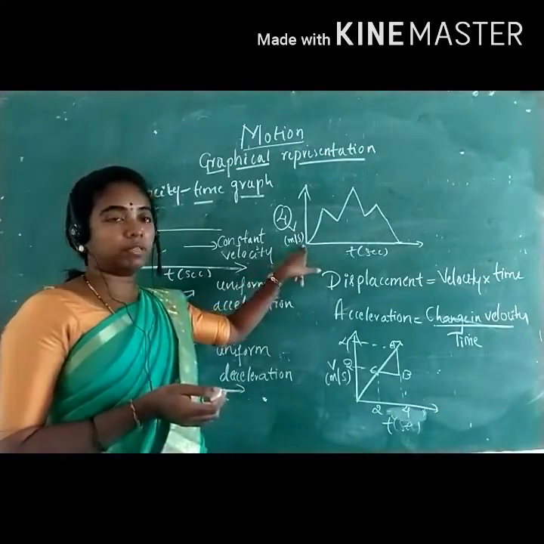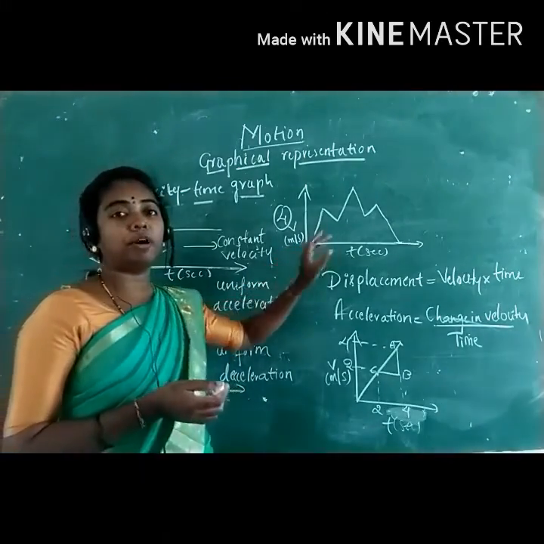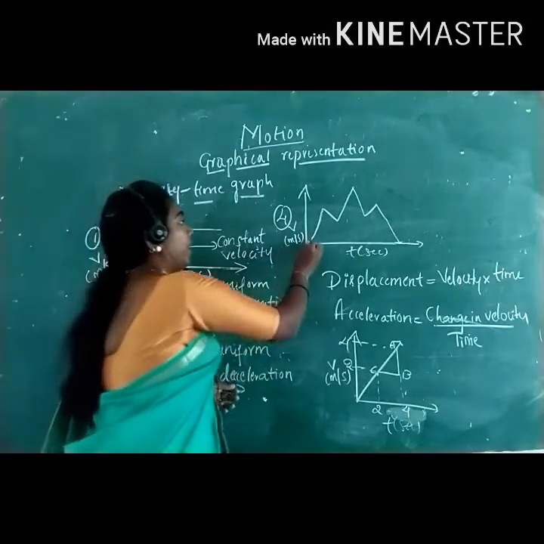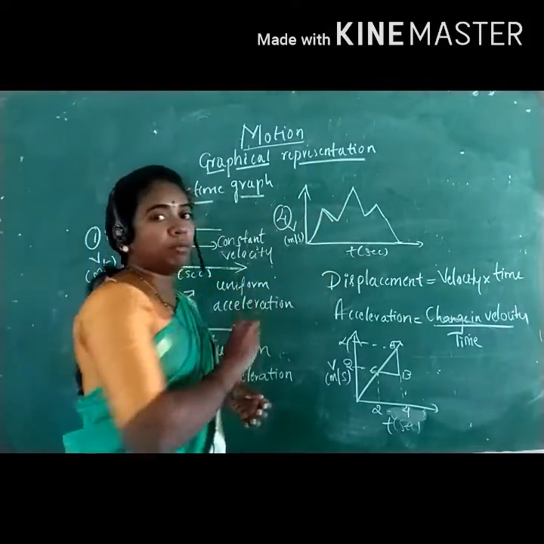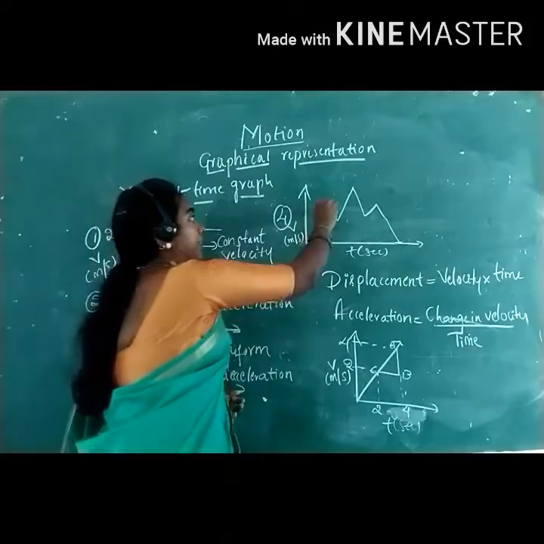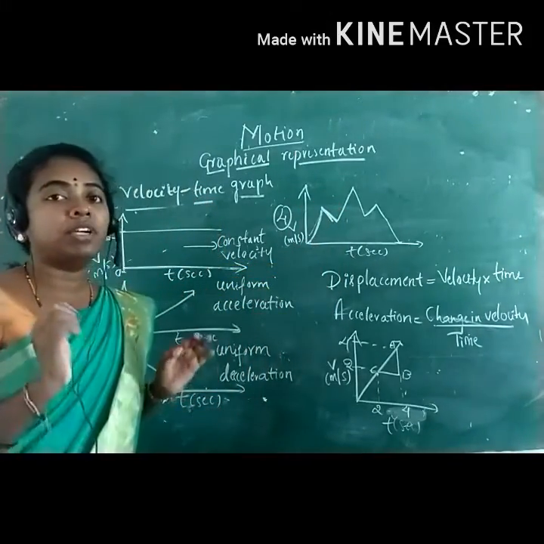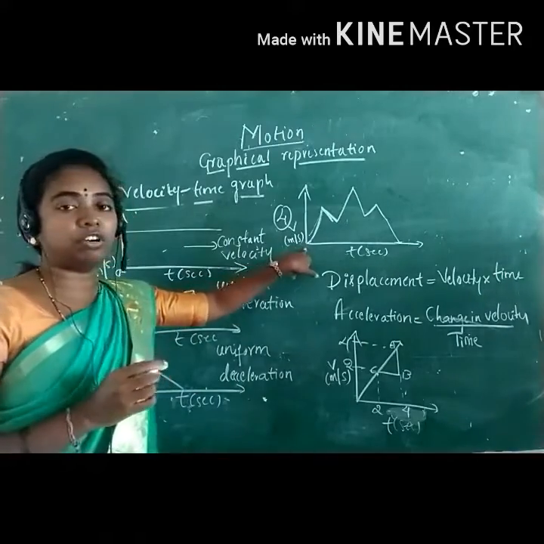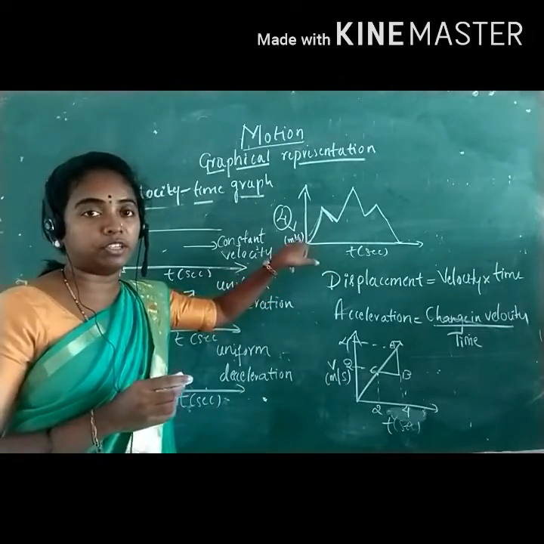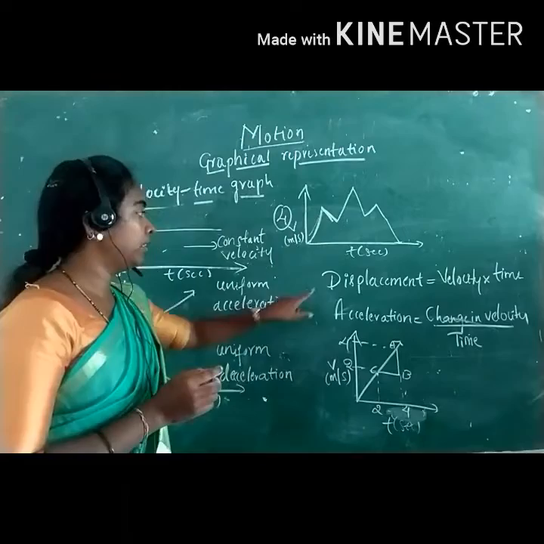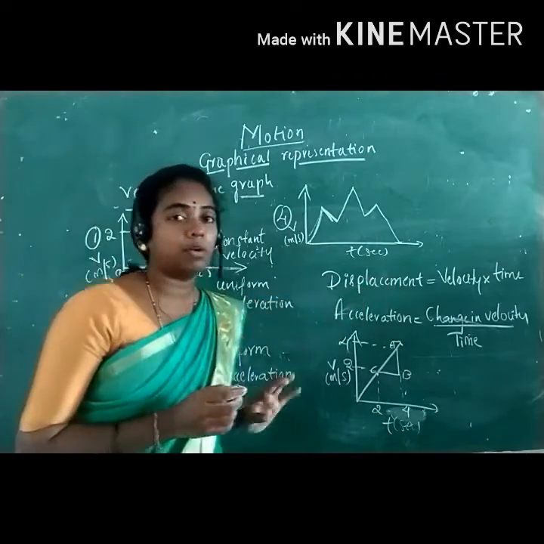In the fourth diagram, it is a non-uniform acceleration. It varies at non-uniform rates of velocity, and it increases or decreases at non-uniform rates. So this is a representation of non-uniform acceleration on a velocity time graph. Here the displacement is given by velocity into time.